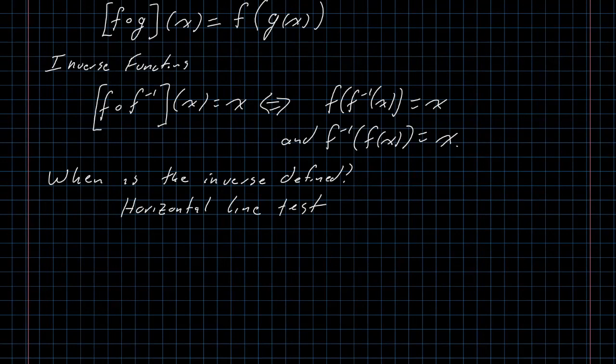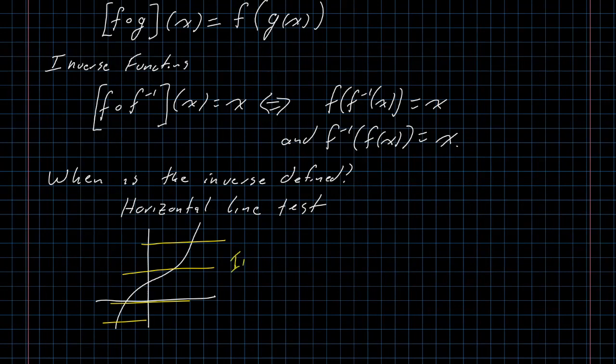And the answer that you learned in your college algebra or high school algebra coursework is the horizontal line test. If you have a curve that looks like this, each horizontal line passes through the curve at most once. This is an invertible function.